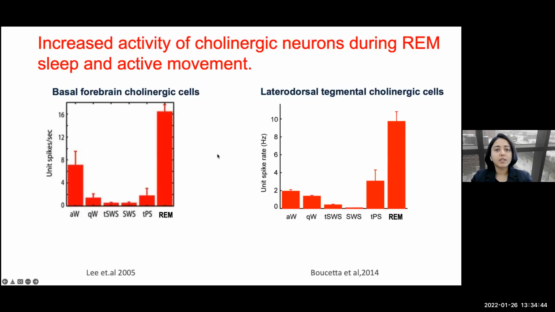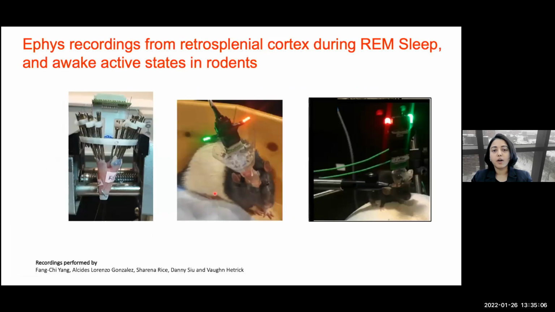We see increased activity of cholinergic neurons during REM sleep and active movement in both basal forebrain cholinergic cells and brainstem cholinergic cells. This is the reason why we focused all of our electrophysiological recordings from the retrosplenial cortex during REM sleep and awake active states in rodents.